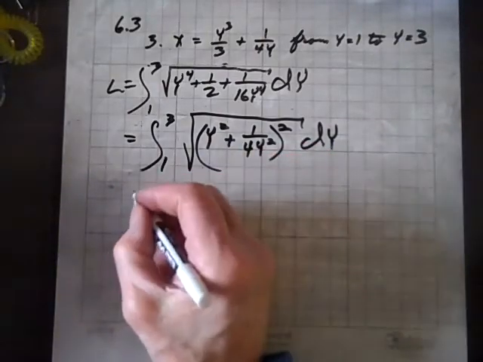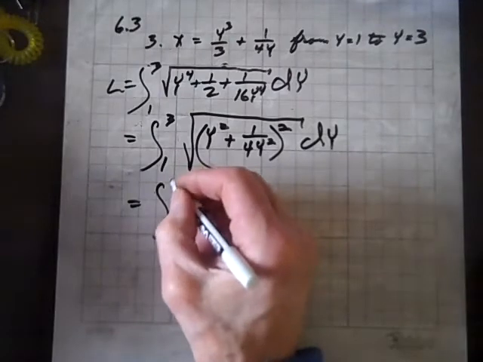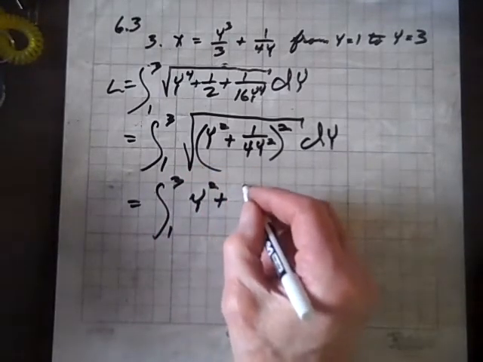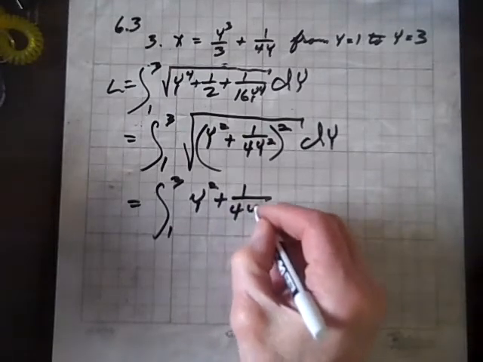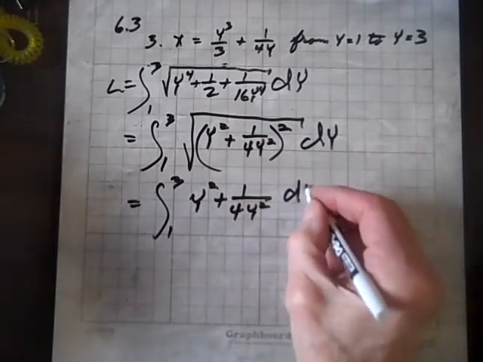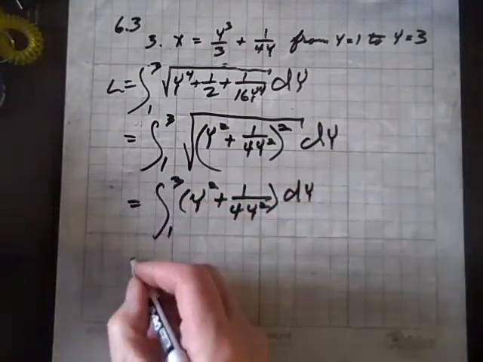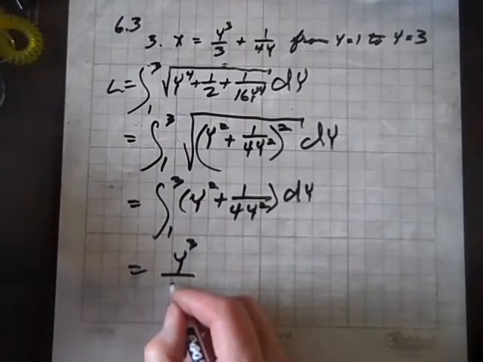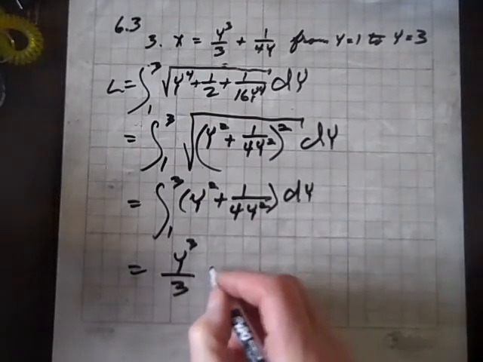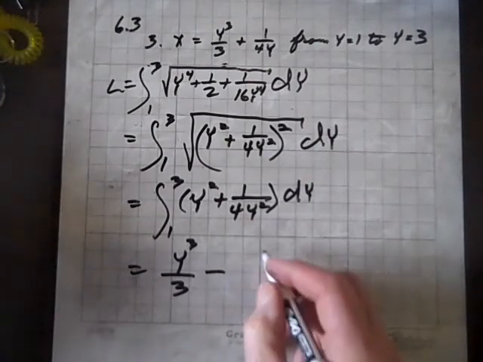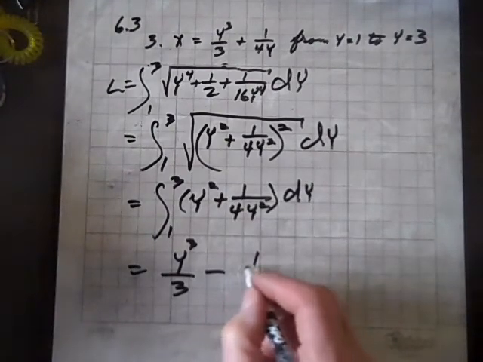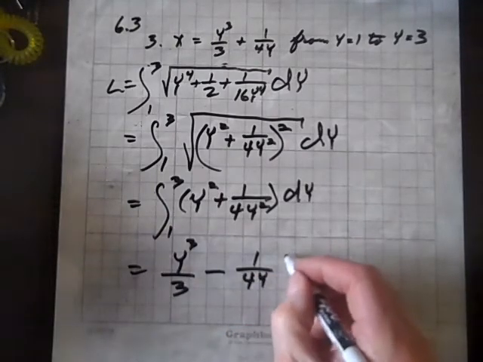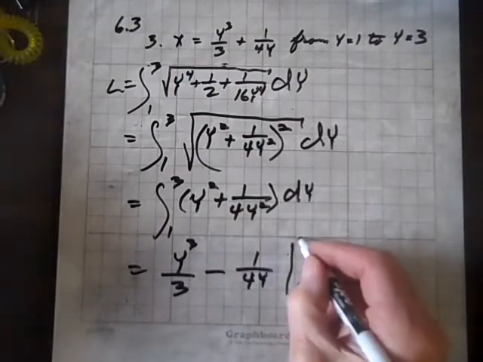Well, the square root of that is the integral from 1 to 3 of y squared plus 1 over 4y squared dy. And when we integrate that, we get y cubed over 3 minus 1 over 4y, and we'll integrate that from 1 to 3.